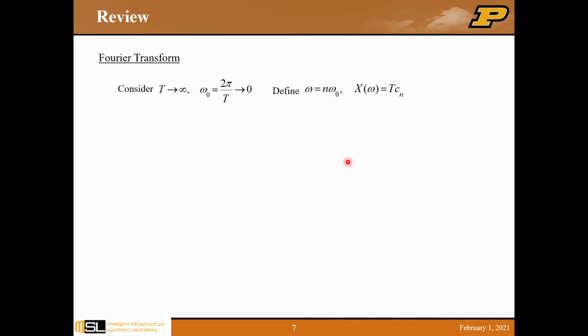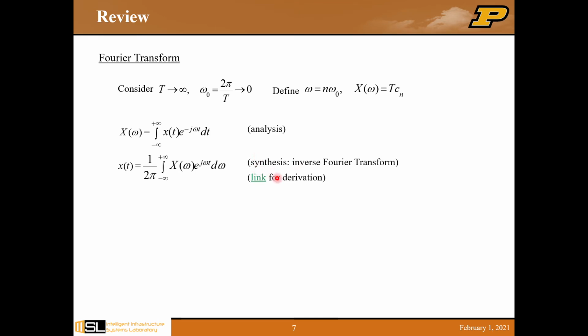This is because the base assumption is that the signals are periodic about a fundamental frequency, omega 0, equal to 2 pi divided by T. If we extend T to infinity, then omega 0 gets closer to 0. In that case, we can have a continuous frequency representation. This is what we call the Fourier transform. So here we get a pair of formulas again, including the analysis formula and the synthesis formula.